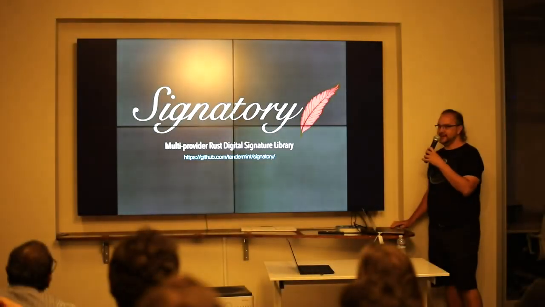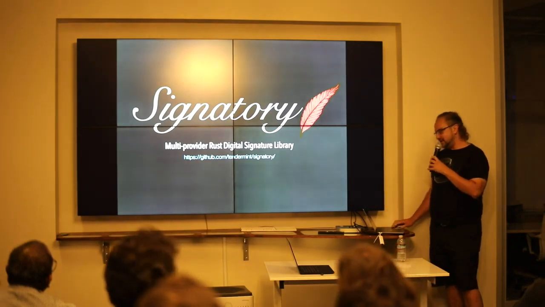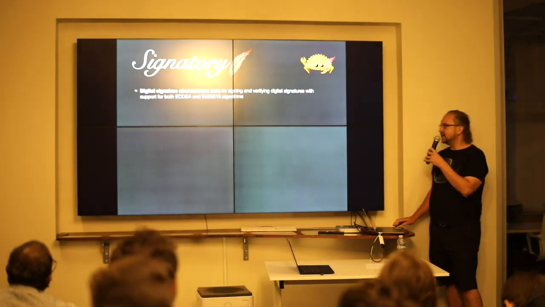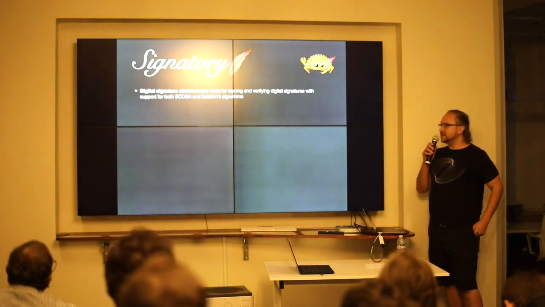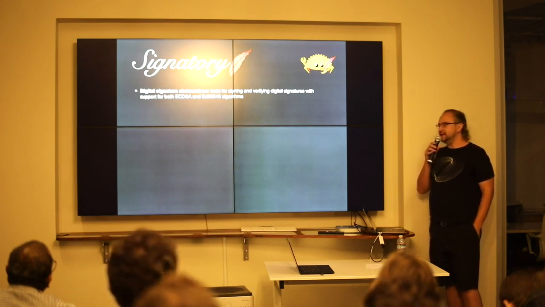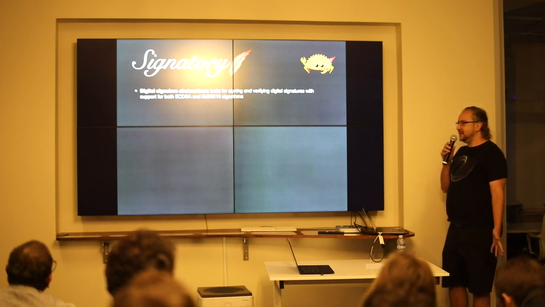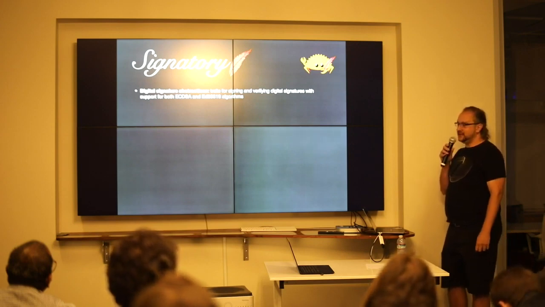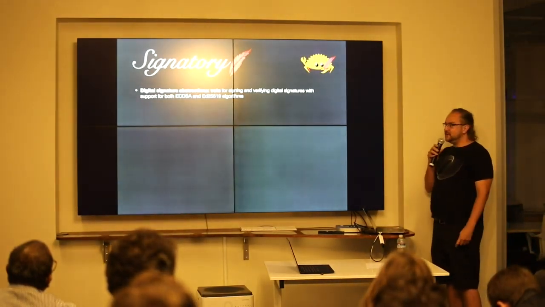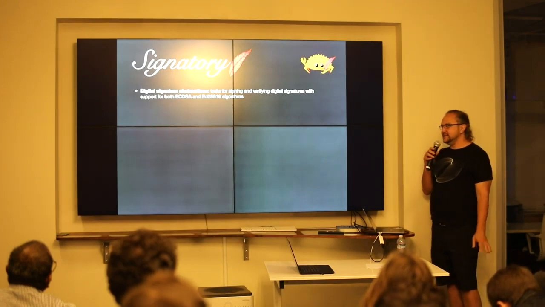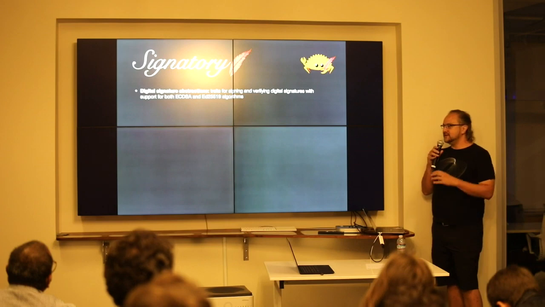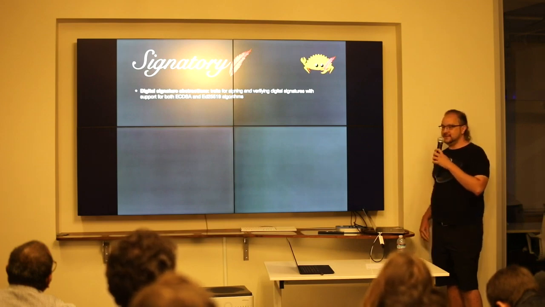So let's talk about Signatory. Signatory is the signing abstraction library I was talking about earlier. It presently supports ECDSA and Ed25519. We support ECDSA over two different elliptic curves: the more traditional NSA-created NIST P-256 elliptic curve, and also secp256k1, which is kind of ubiquitous throughout cryptocurrency applications.